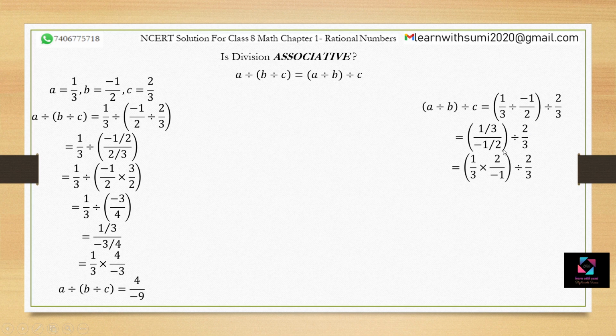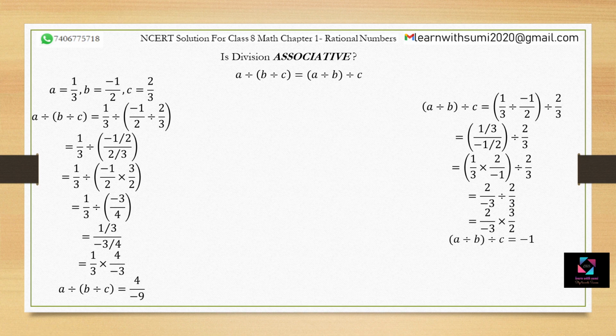When we take this denominator to the numerator, it becomes the reciprocal. So it becomes 1 by 3 into 2 divided by minus 1, divided by 2 by 3. When we divide this, we get 2 divided by minus 3, that is getting divided by 2 by 3. When we divide them, we get minus 1.